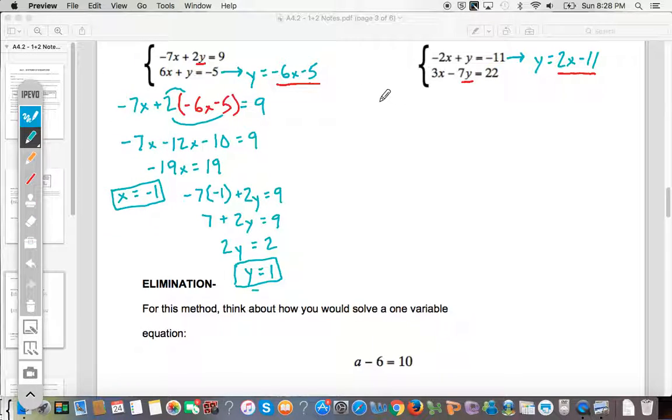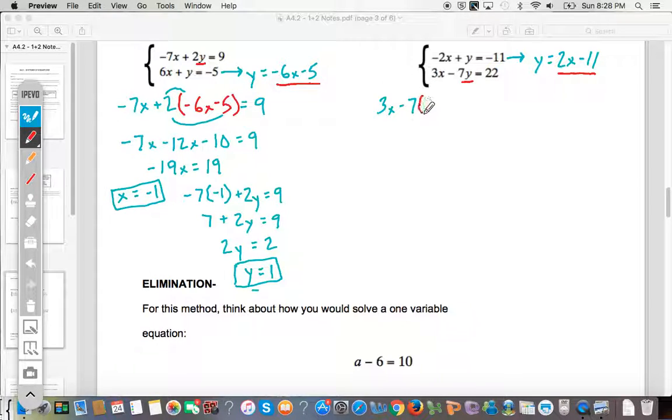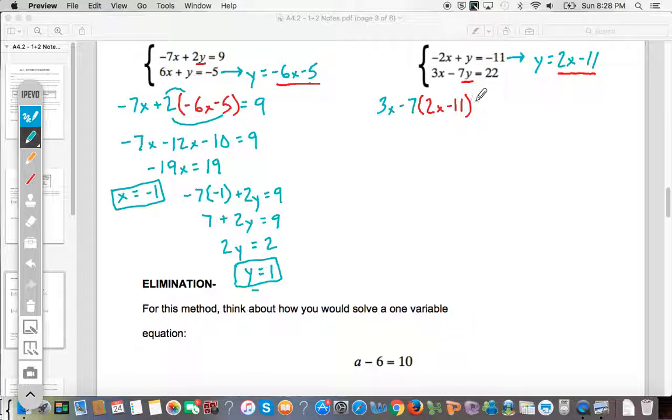Okay, so I have 3x minus 7 times 2x minus 11 equals 22. Okay, so I'll distribute here.